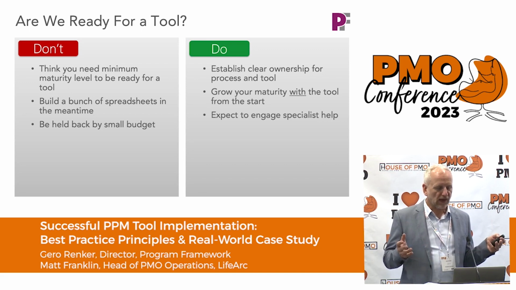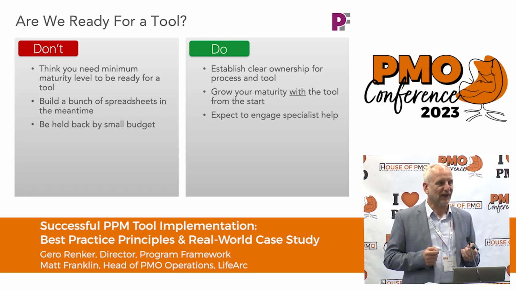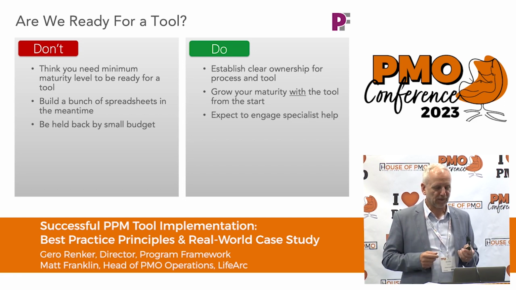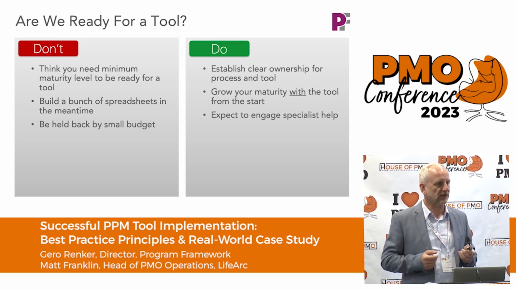I think there is a real opportunity to, first of all, make sure that you have clear ownership of the future tool alongside the process framework that is going to evolve, but grow maturity with the tool rather than spending a year building process and then implementing the tool afterwards, and meanwhile committing yourself and the team to spreadsheet hell.